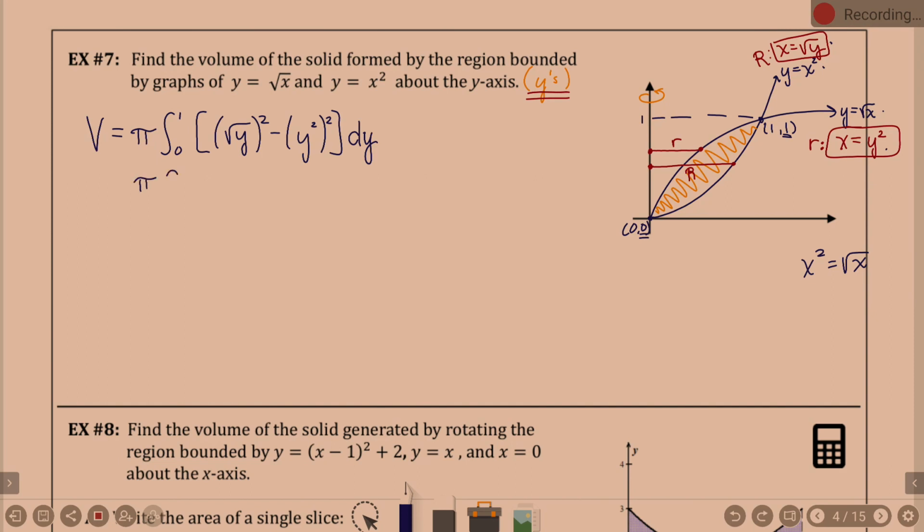Everyone appears to be working ahead without me, so I better catch up. Pi, 0 to 1. I'm going to always clean this up first. Looks so much nicer cleaned up. Now I'm going to integrate.